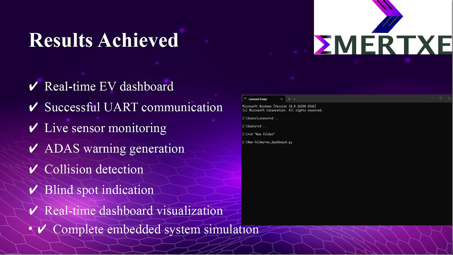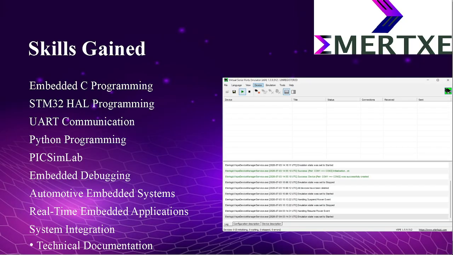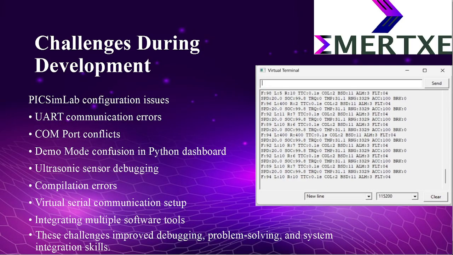This is the pathway for the Python dashboard. And in this slide we can see the VSPE picture. Here I have connected my devices from COM1 to COM2. This is the virtual terminal. You can see all the values here.